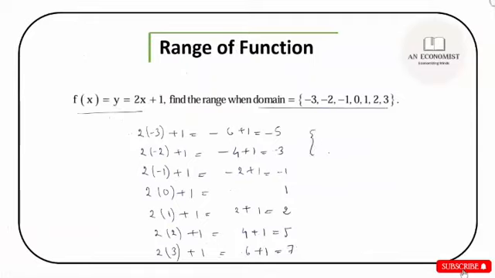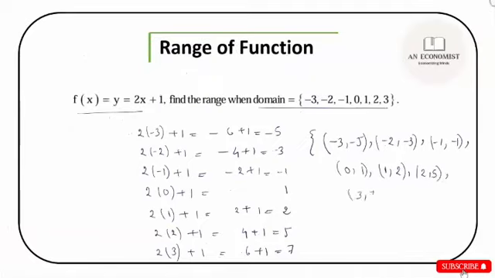So if you want to write the set of ordered pairs, you will have (-3, -5), (-2, -3), (-1, -1), (0, 1), (1, 2), (2, 5), and (3, 7).